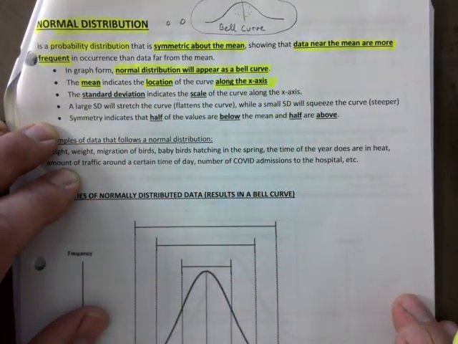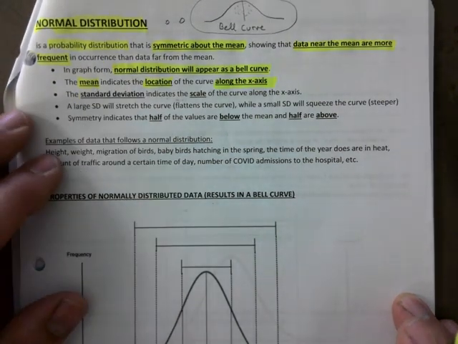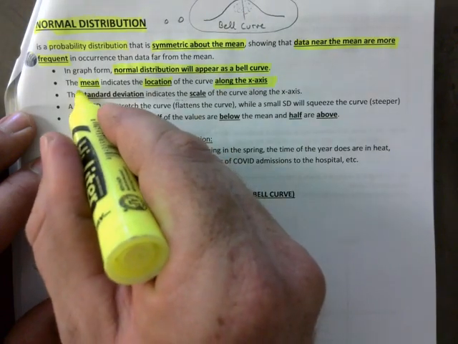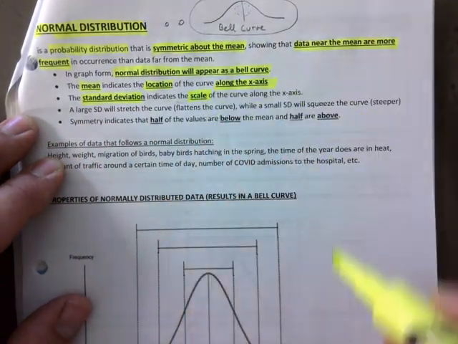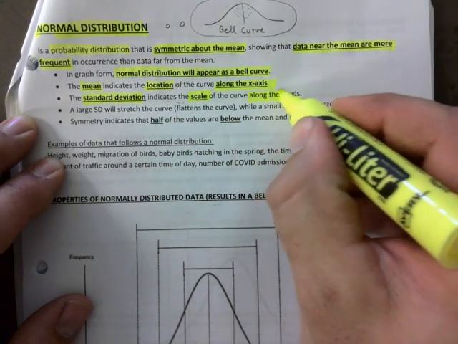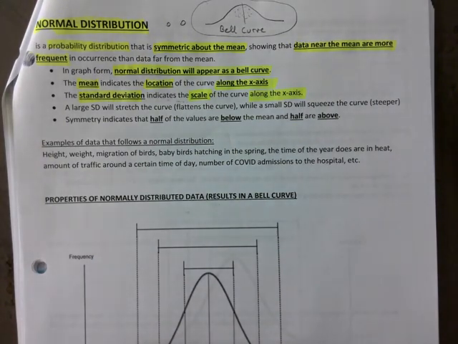That's very important. I have my iPad ready to go here. What does the standard deviation tell us? The standard deviation indicates the scale along the x-axis. The mean is where it is along the x-axis. The standard deviation is this scale. Bigger scale, it'll be spread out. Smaller scale, it'll be closer together.